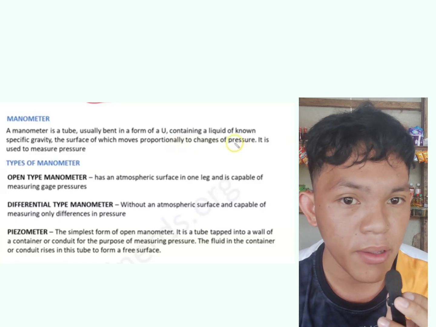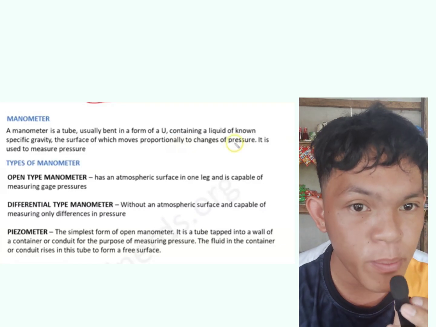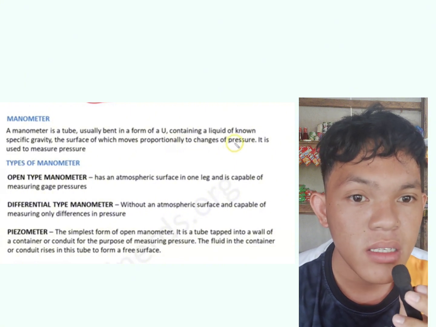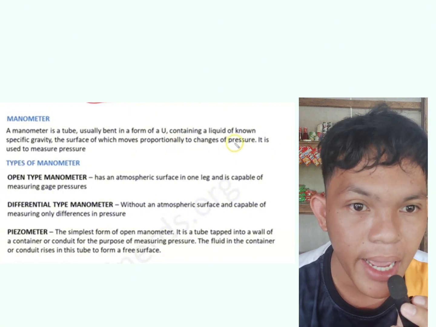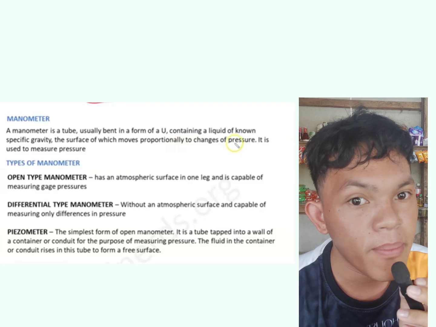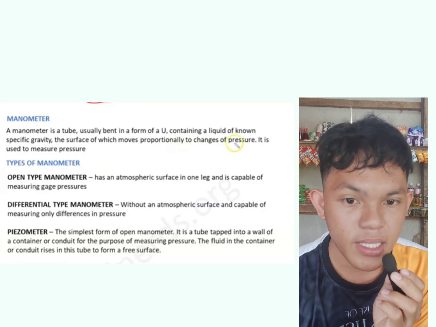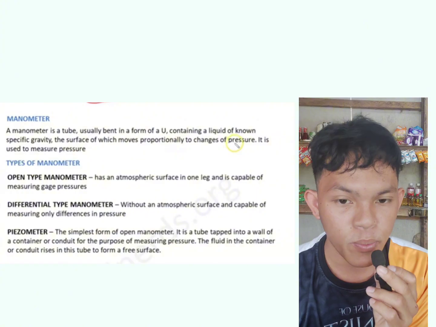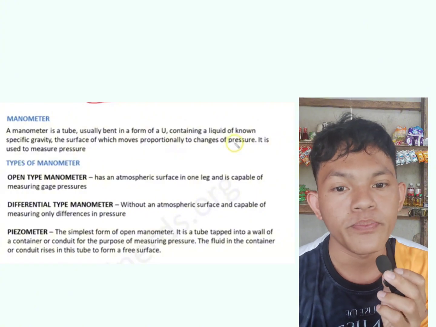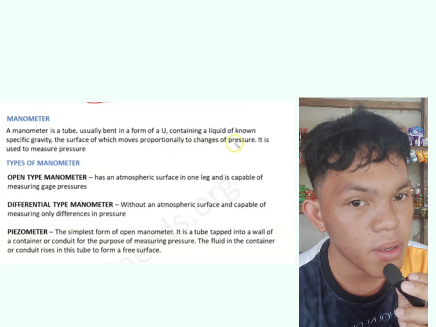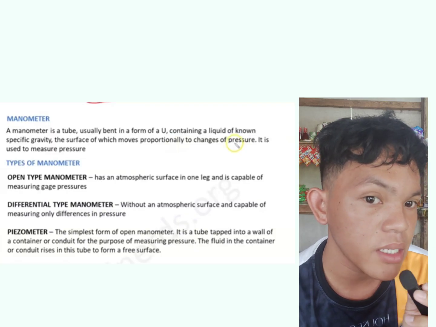An open type of manometer has an atmospheric surface on one leg, and it is capable of measuring the gauge pressure. Naka-focus lang ito siya sa pag-measure ng gauge pressure ng liquid.